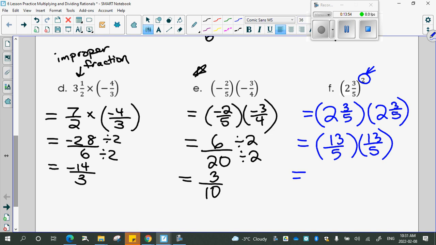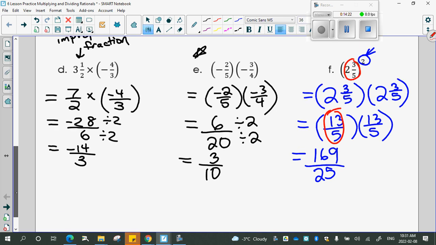Thirteen times 13 is 169. 5 times 5 is 25. And I'll give you a little hint, if this is in lowest terms, then your answer will always be in lowest terms as well. So you don't have to spend time thinking about it when you multiply something by itself.